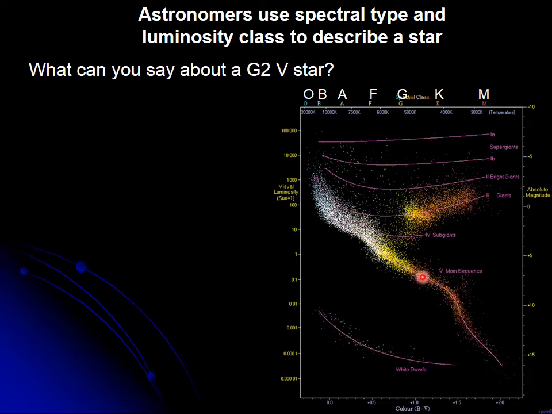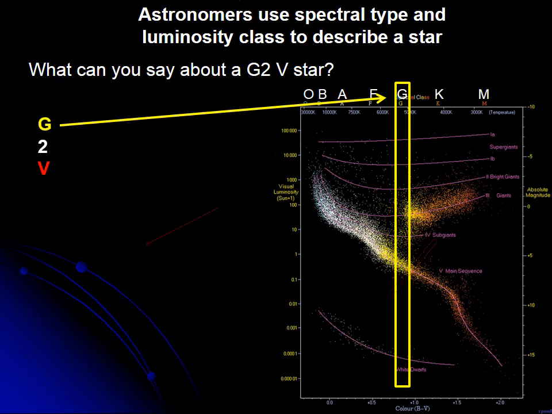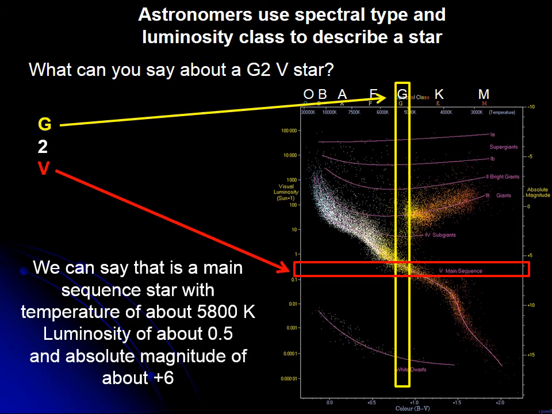It's going to be a main sequence star. We have G, we have V. So we're talking about G2V. We're talking about a main sequence star that has a temperature of about 5800 and a luminosity of about half, and an absolute magnitude of about +6.